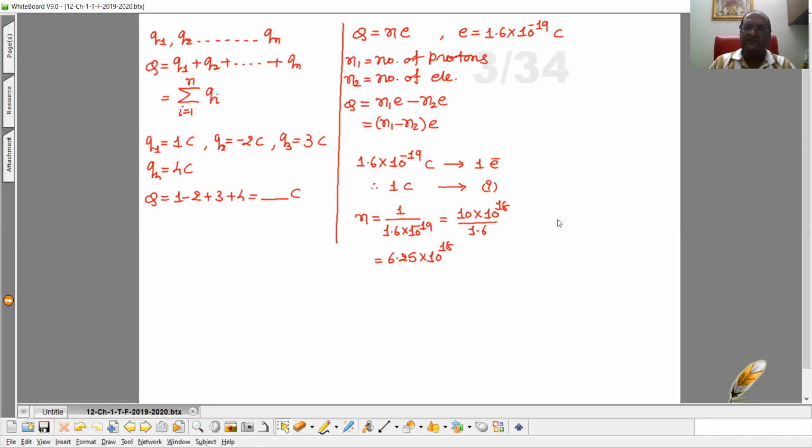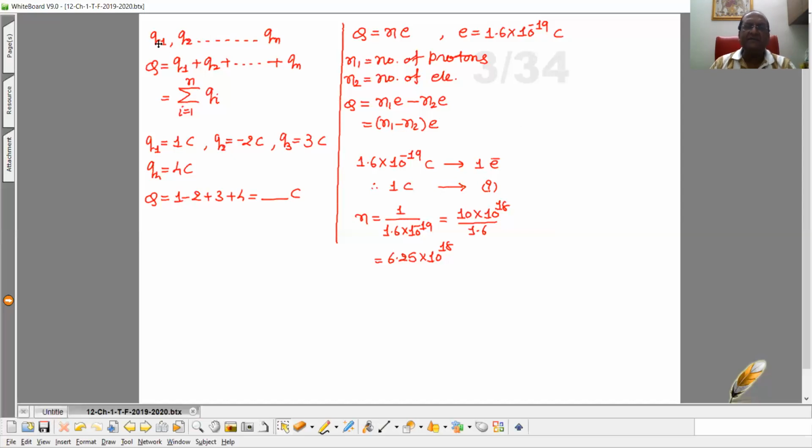Additivity of charges means if a large number of charges are residing on any object, any particle, or in any system, then to calculate the net amount of charge residing in that particular body, we have to take the algebraic summation of all the charges.